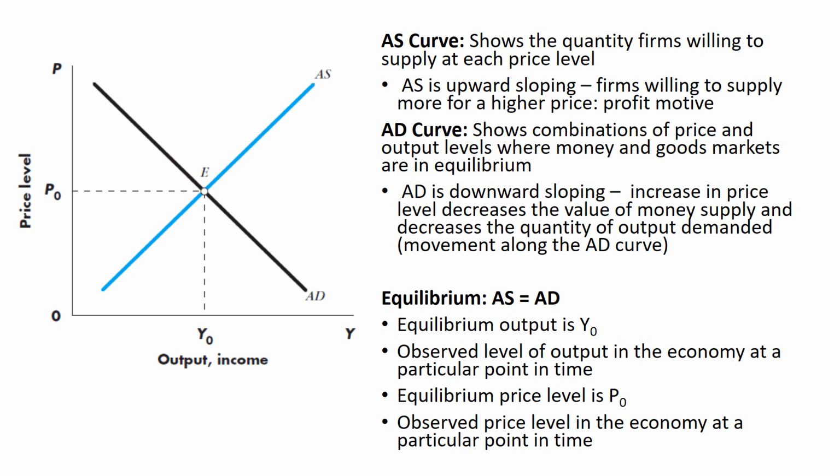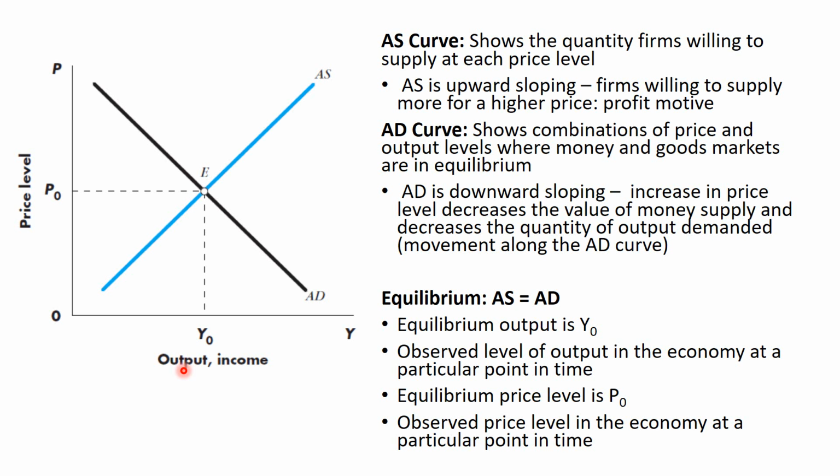What does the aggregate demand and aggregate supply model look like? Well, the diagram here on the left-hand side shows us that when we're talking about aggregate demand and aggregate supply, what we are measuring on the horizontal axis is output or income. Remember, in macroeconomics, the production of goods and services, or output, results in the generation of income, which results in the opportunity to spend on the output which is being produced.